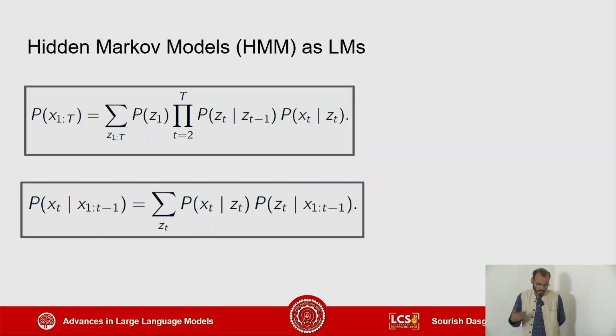So you can say that, okay, what is the conditional probability of the next token given a prior sequence? It is basically a sum over all possible latent variables connected to that particular token with respect to all the other tokens preceding that particular latent variable, right? And you sum that up. So that's another assumption, which is the hidden Markov model way of doing language modeling.